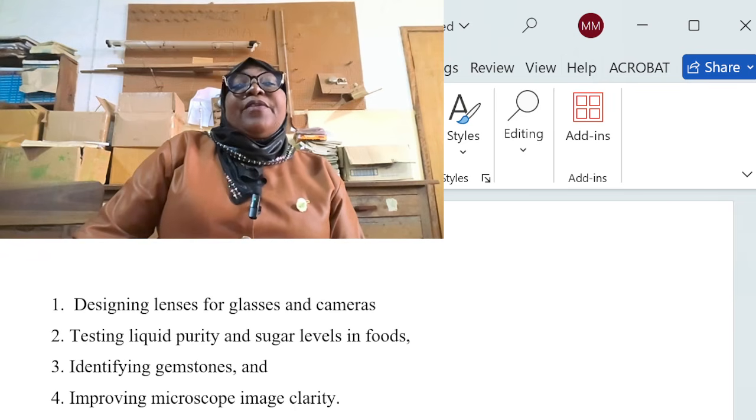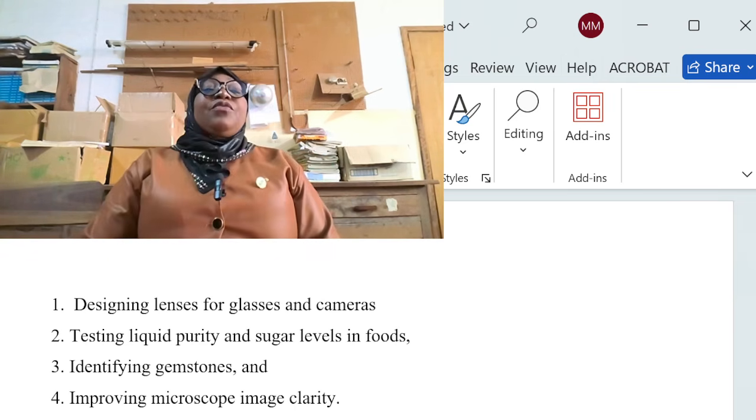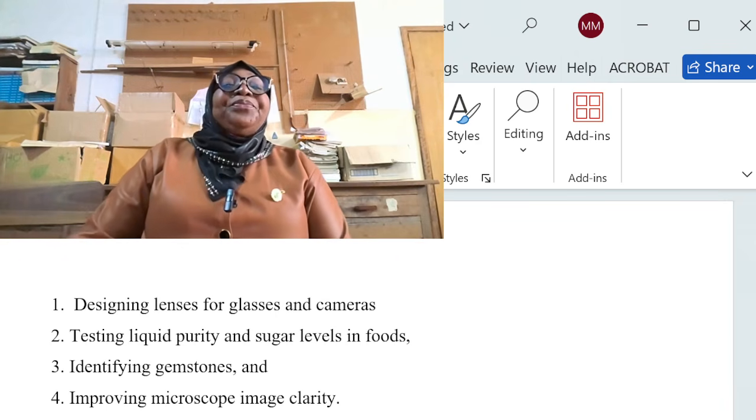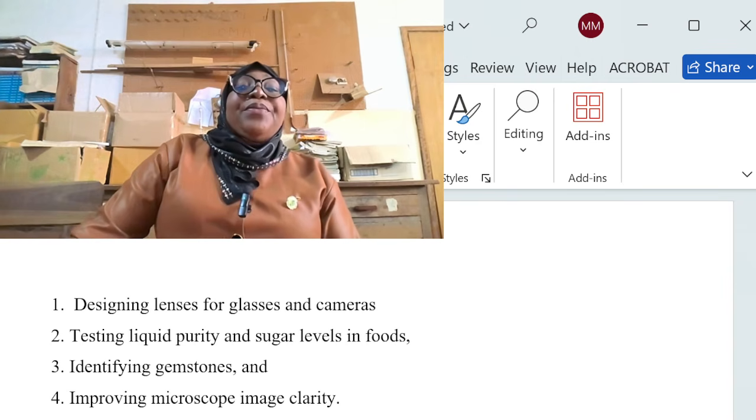Generally, the focusing power of a lens can be determined by the refractive index of a material. Also, it is used in testing liquid purity and sugar levels in foods. It is also used in identifying gemstones in the mineral industries and improving microscope image clarity.